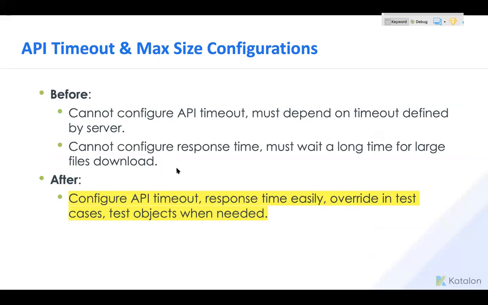As you know, when we call our API to download a very big file, our response is just very big. Katalon Studio will wait for this process to end, and if your internet connection is bad, the process will take a very long time. So you can use this new max size configuration in order to avoid that.